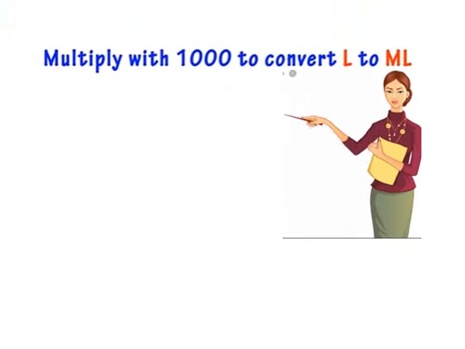So I always multiply by 1000 to convert, to change from liter to milliliter. 3 liters, I want to change them into milliliters. So I have 3 liters. To change them into milliliters, I will multiply the 3 by 1000. How do I know the answer?